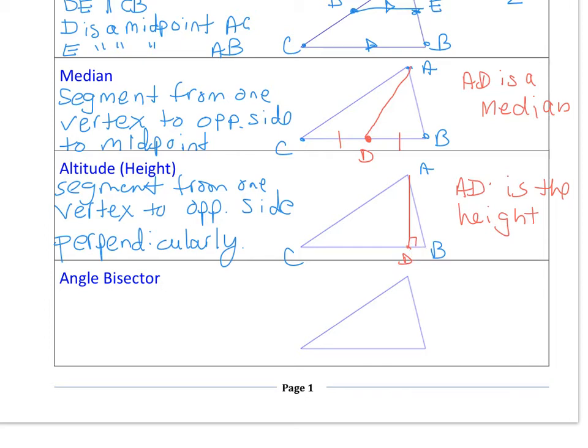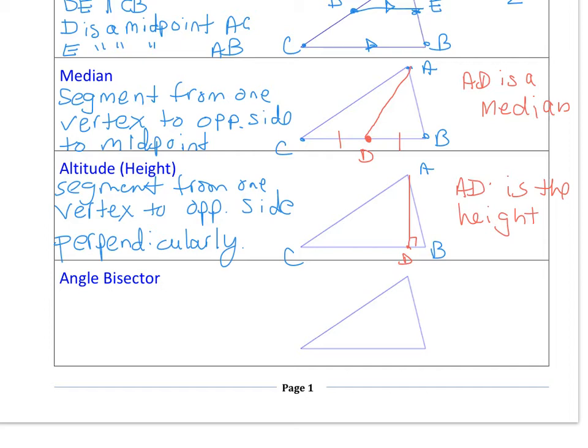And hopefully you can also see that I could do the same thing from B. I can draw a line right here from B to the opposite side perpendicularly, and likewise, from C, it's going to go almost like that perpendicularly. All right, remember though, for the altitude or height, if you have an obtuse triangle, that height or altitude is outside of the triangle, so do remember that.